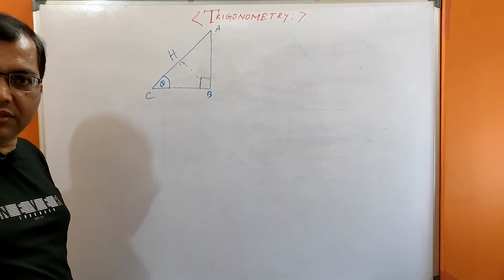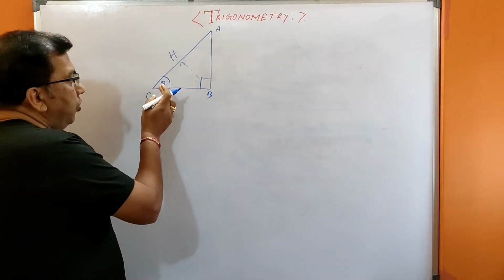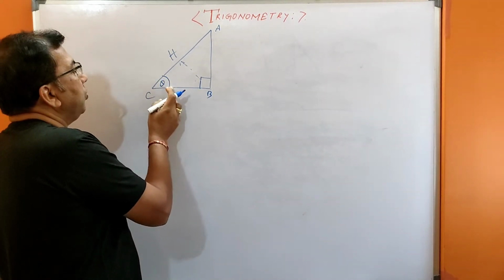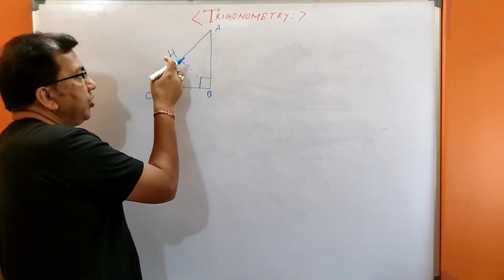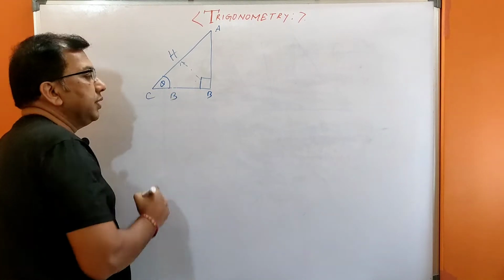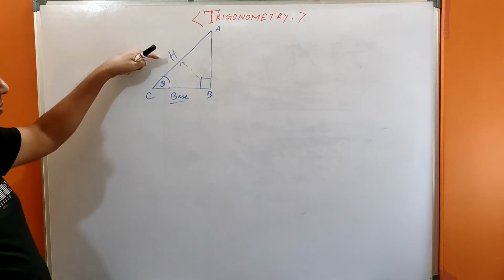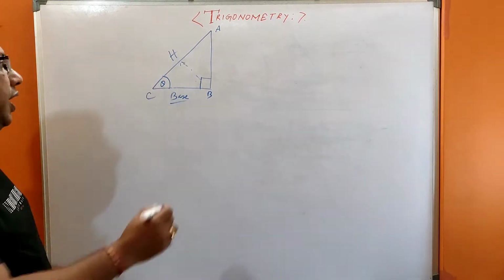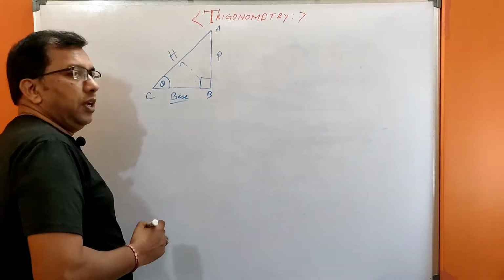H करण बाय hypotenuse. थीटा जो होगा, थीटा किसके साथ होगा? जो एडजेसेंट साइड्स हैं, एक हाइपोटेन्यूज है, एक होगा बेस, आधार. ये है बेस, आधार. ये हाइपोटेन्यूज करण, यह लंब, यह हुआ परपेंडिकुलर, लंब.